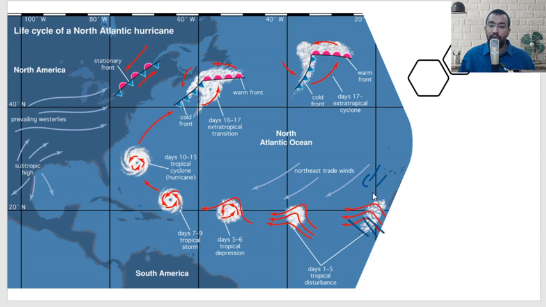So because of the convergence, or because of the presence of these winds, there are a good amount of tropical disturbances where small vortices have been originating, and this leads to formation into a small depression.